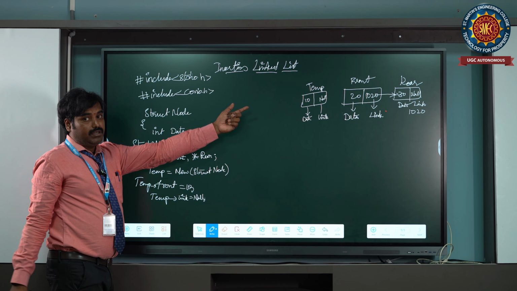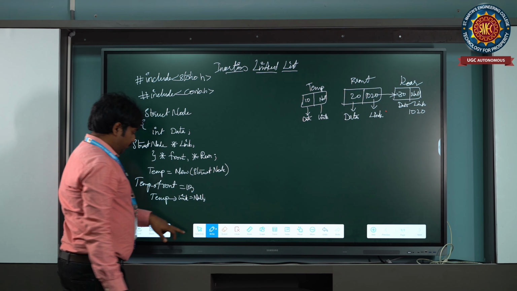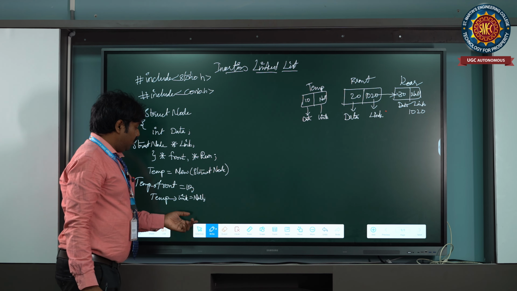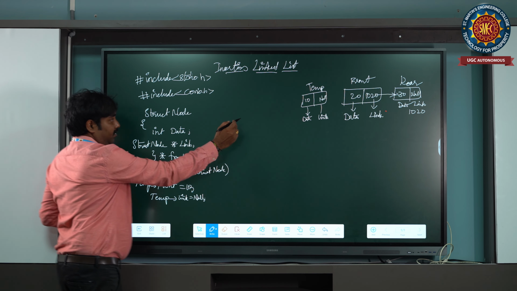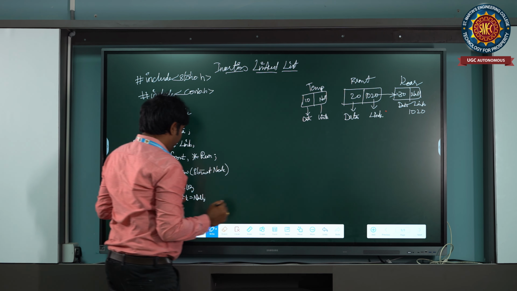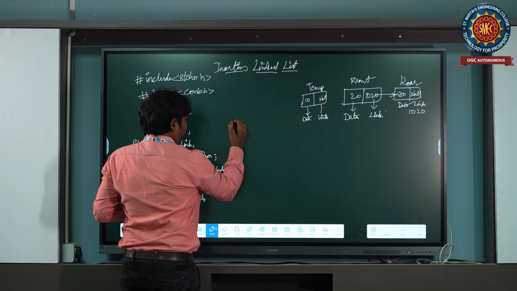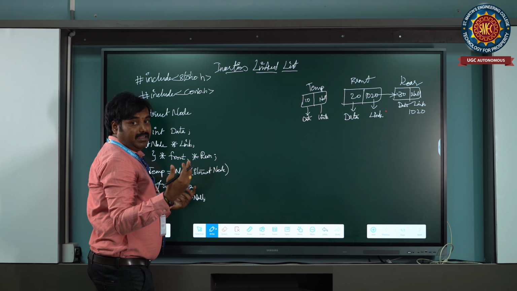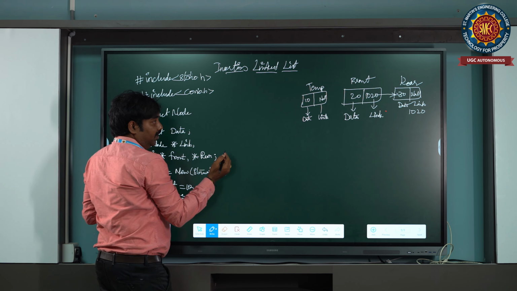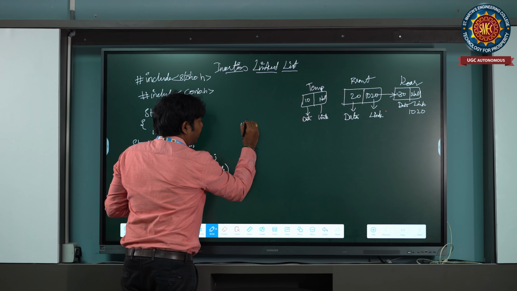Okay, now I want to insert here. This way one element can be created. After creating, next we have to link it. For linking, first of all we have to check the if condition.